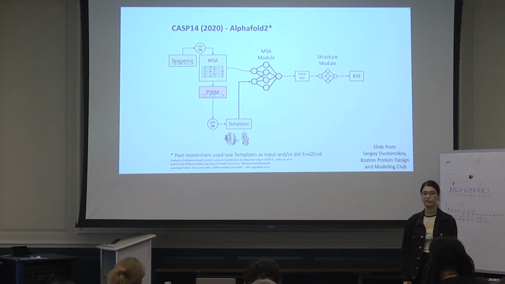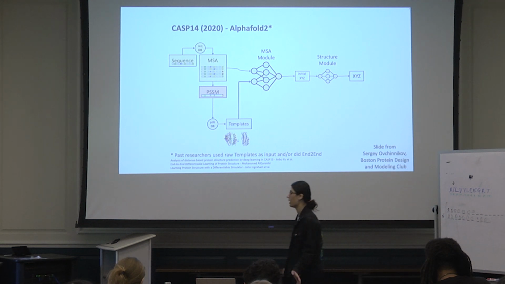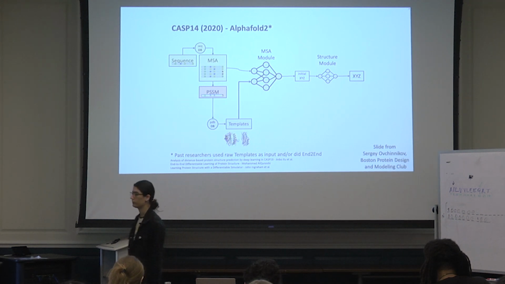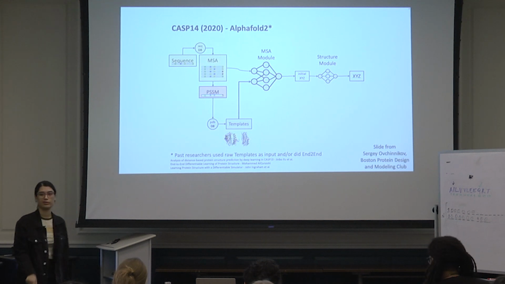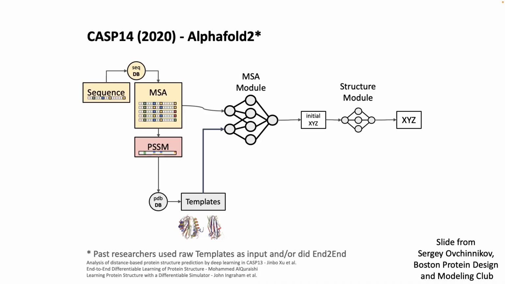Any other ideas? Or on the opposite end, what type of sequence would result in the deepest MSA search? What kind of protein sequence is very well aligned, and there exist many things like it?